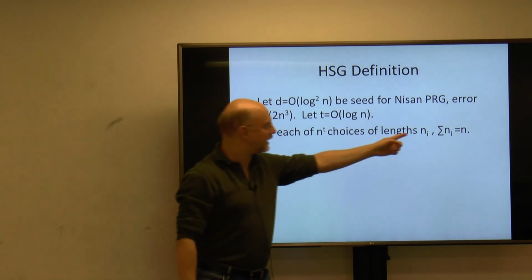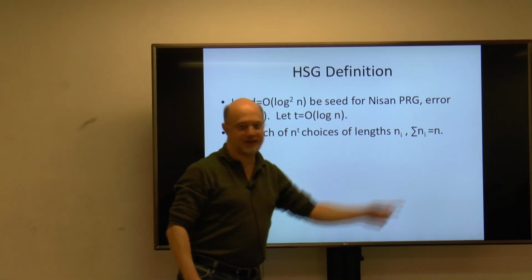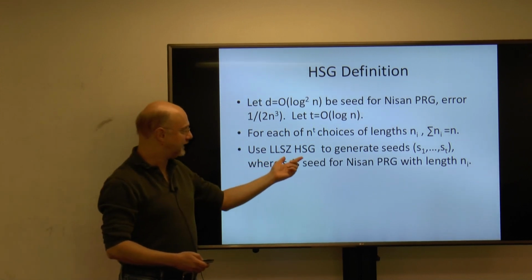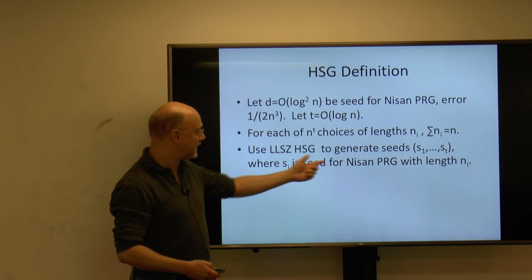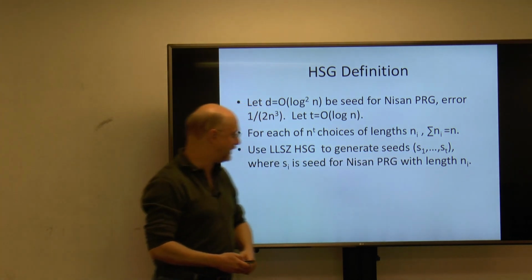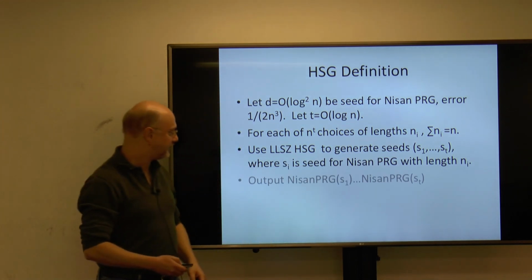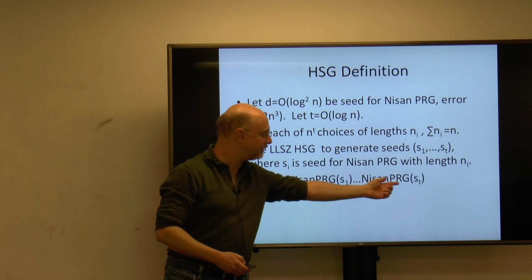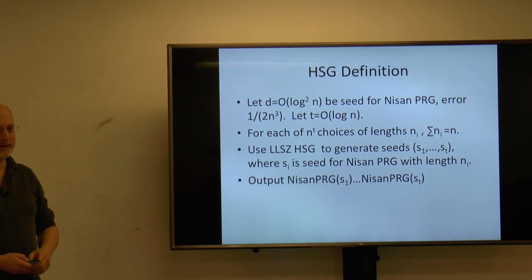That corresponds to trying a bunch of ni's that sum to n, and we'll use the hitting set generator for combinatorial rectangles to generate seeds S1 through ST, where each SI is a seed for Nisan's pseudorandom generator. And then we'll output Nisan's generator applied to S1 through ST.